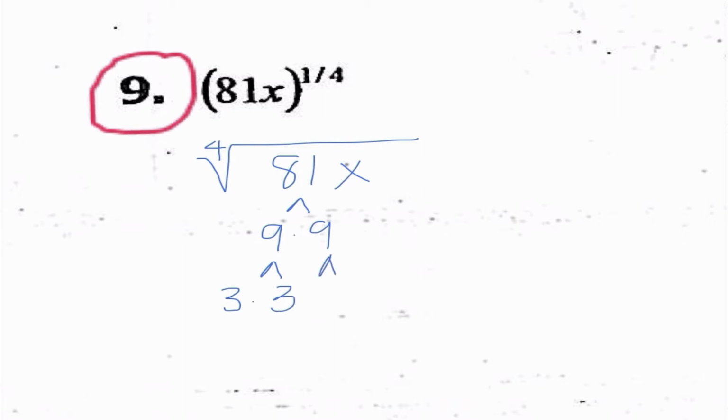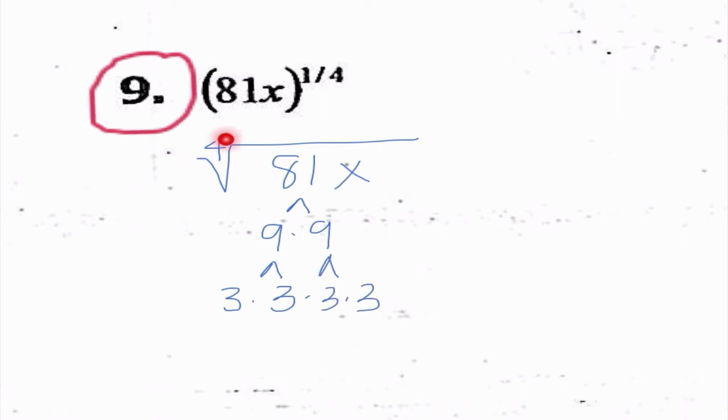Next one I want to look at is number 9. Here I have 81x to the 1/4 power. And I'm actually going to go ahead and rewrite this as the 4th root of 81x. And I'm going to do a little bit of a factor tree here. I know 81 is 9 and 9, so this is 3 times 3, and this is 3 times 3.